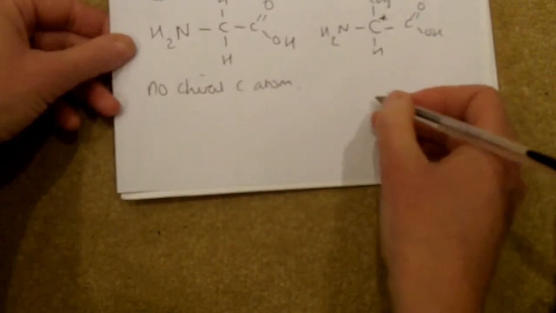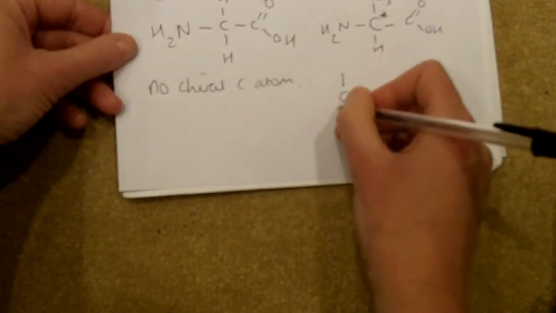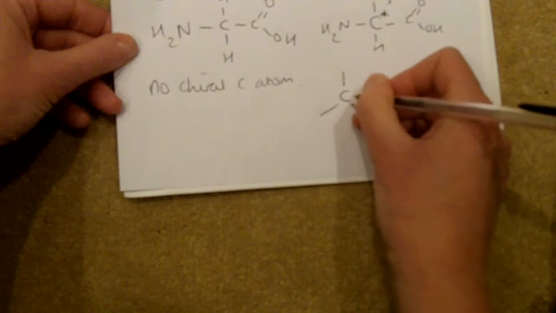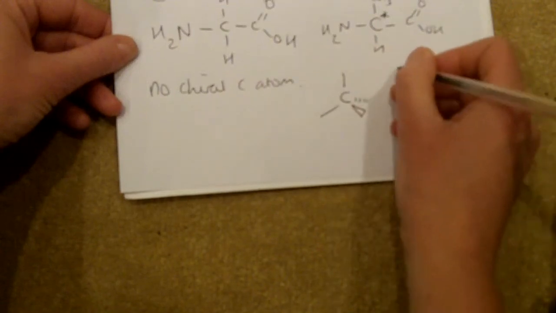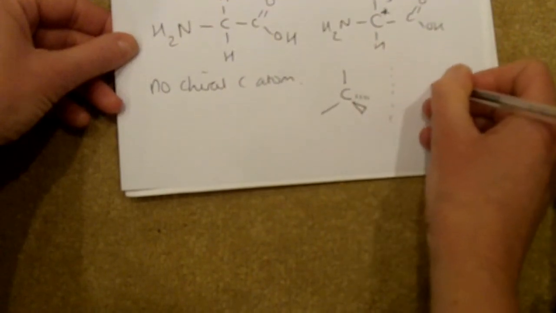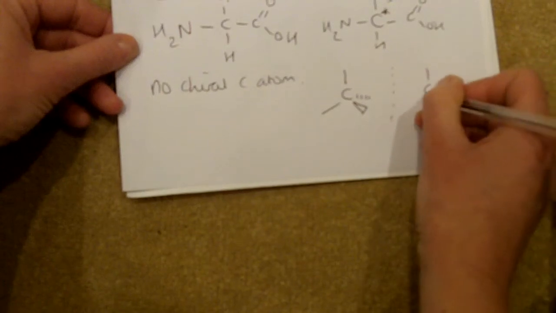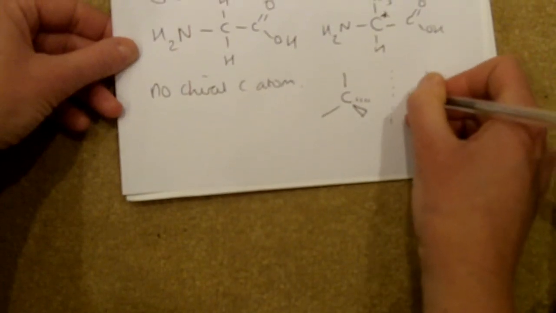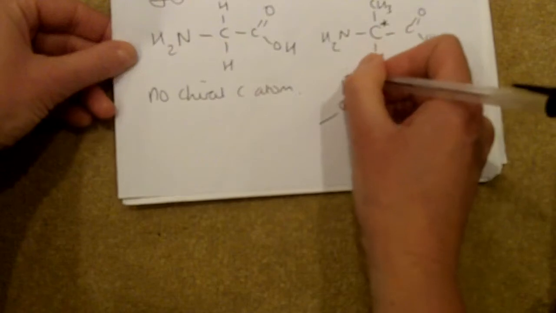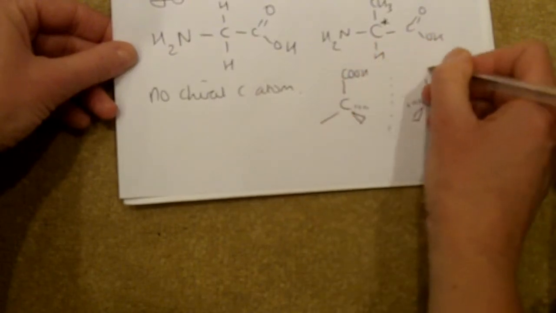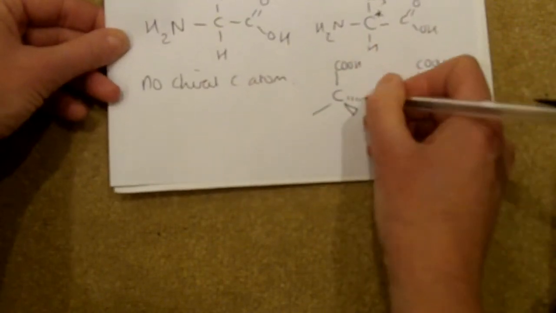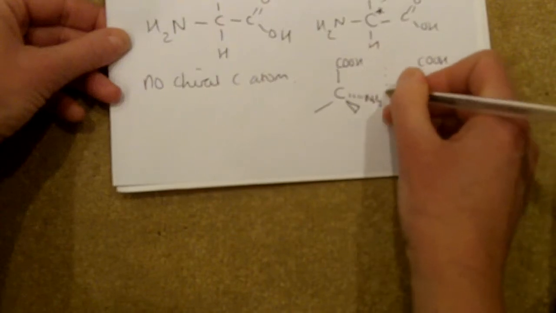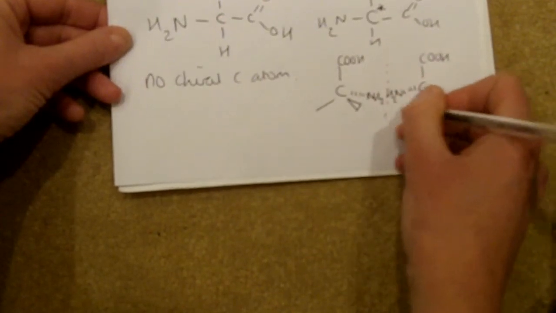So remember, when you're drawing your optical isomers, the first thing you do is draw your 3D tetrahedral shape. You draw the mirror image, the non-superimposable mirror image. I'm going to fill in COOH, NH2, H, CH3. It doesn't matter where you fill it in.